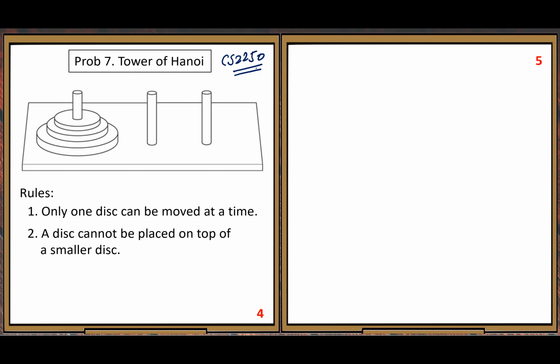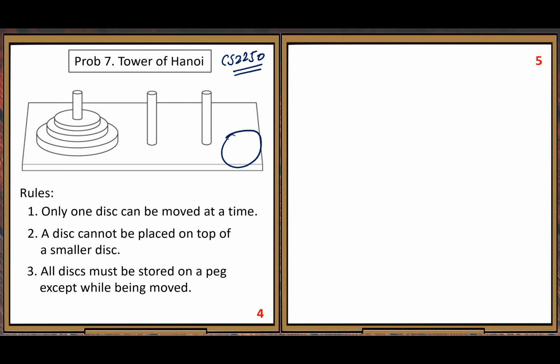Number 3: all disks must be stored on a peg except while being moved. This is what I mentioned earlier, because you cannot place a disk on the table. Think about it, if you put a disk on the table, then it's much easier, because you have a lot of space on the table.